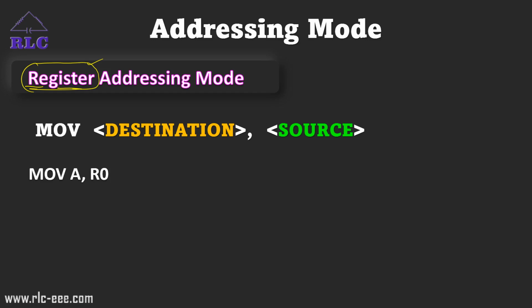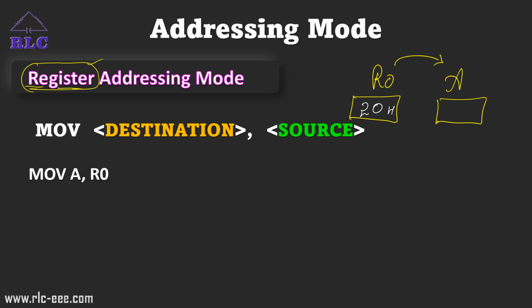MOV A, R0. That means the R0 value will be sent to the accumulator. Whatever data is present in R0 will be sent to the accumulator. Assume R0 has a value of 20H.